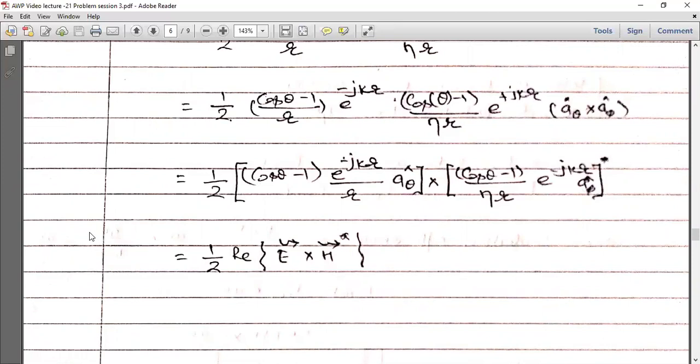And that's why the time average power density is given by 1 by 2 real part of E phasor cross complex conjugate of H phasor. This is a very important result to prove from our end, and it is very important for us to understand also.